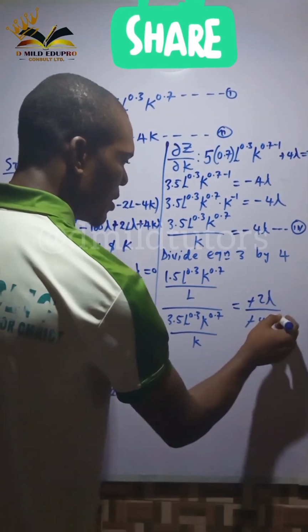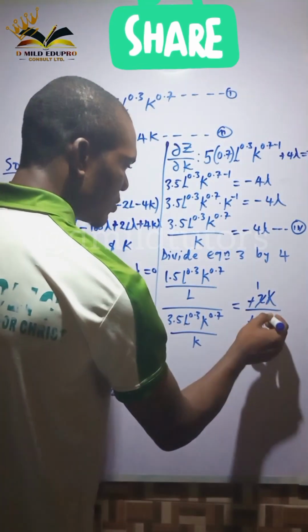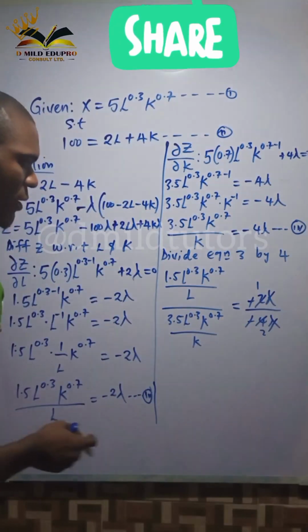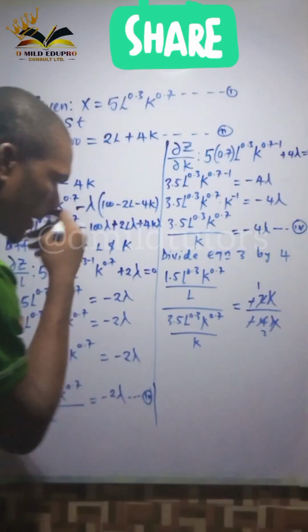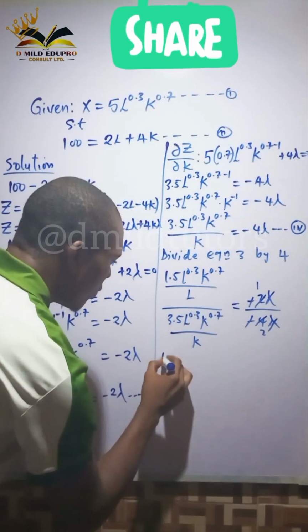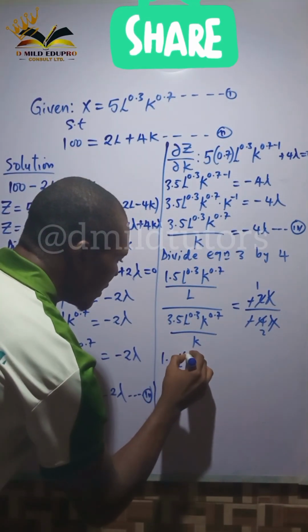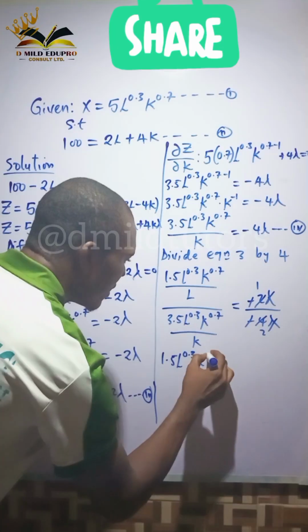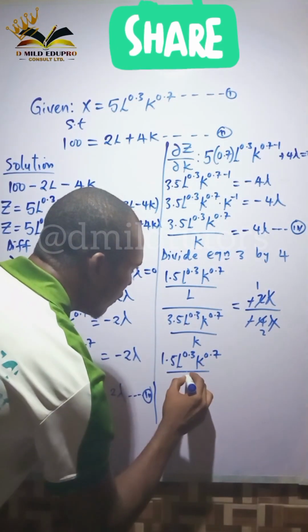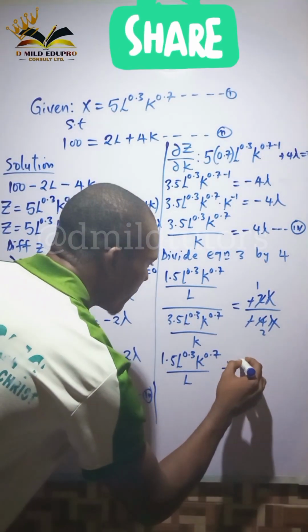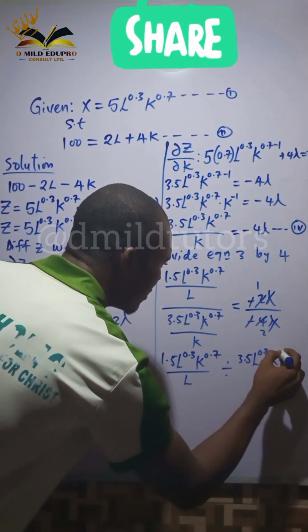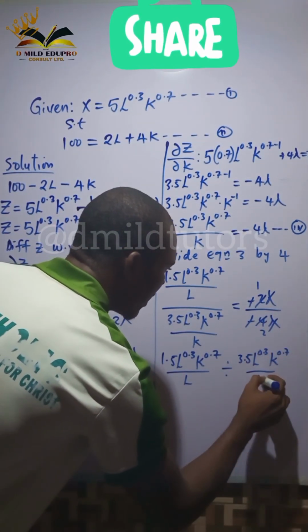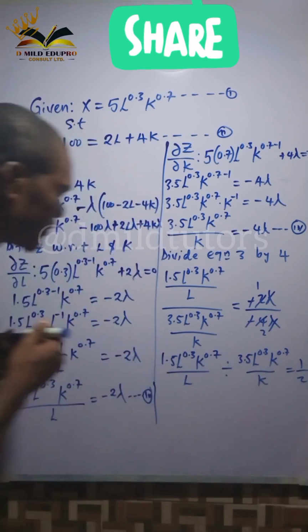This minus cancels, lambda cancels. 2 here is 1, 2 here is 2. All right, so meaning on the right hand side, we have 1 over 2, right? So we have to simplify this side as 1.5 L raised to power 0.3 K raised to power 0.7 all over L, then divided by 3.5 L raised to power 0.3 K raised to power 0.7 all over K equals 1 over 2.